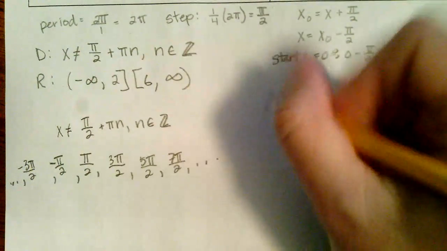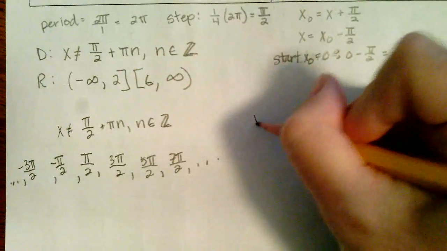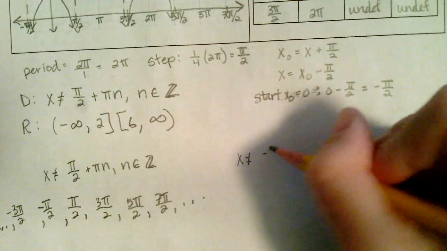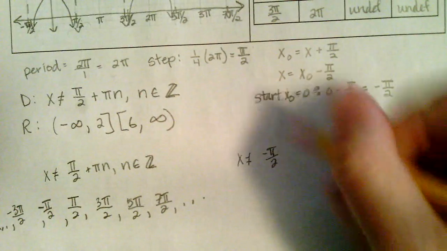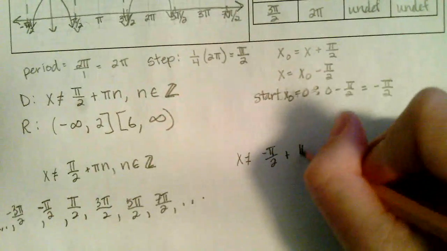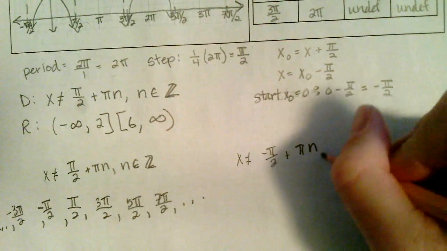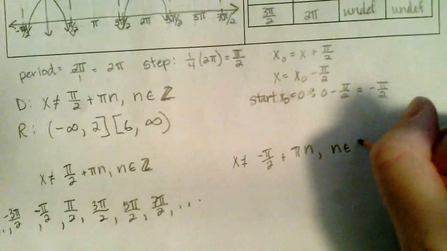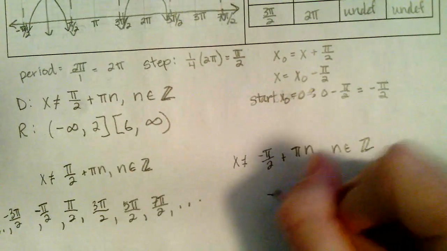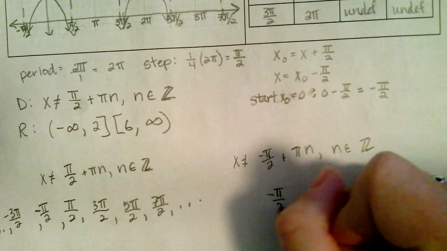So let's say instead a student looked and said, okay, well, I see that X cannot be, and they start with this number, negative pi over 2. Plus, they also notice it happens again at pi n, where n is an element of the integers. Well, let's see what this list looks like. We're going to have negative pi over 2.